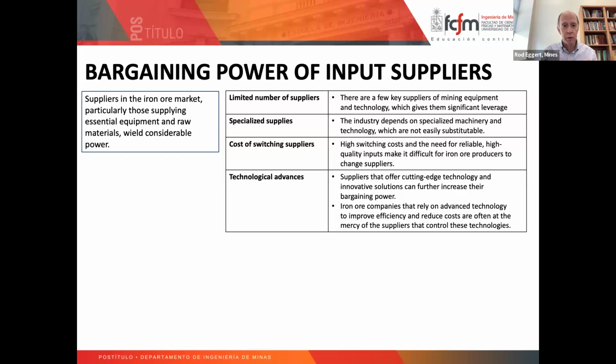The words "suppliers wield considerable power" are not consistent with low threat to profitability. That's all I'm saying. Okay, but overall, I like the analysis.